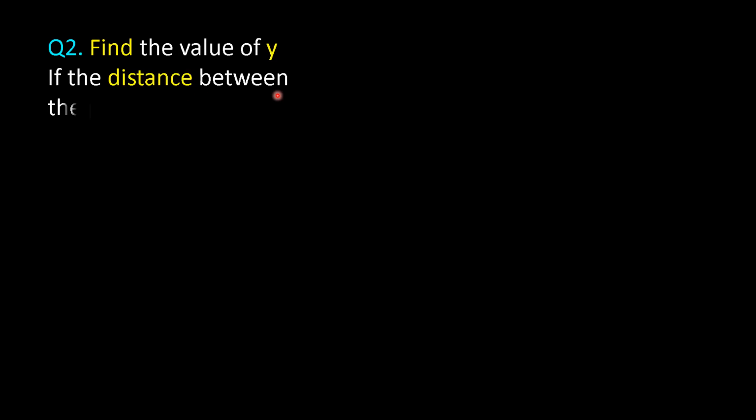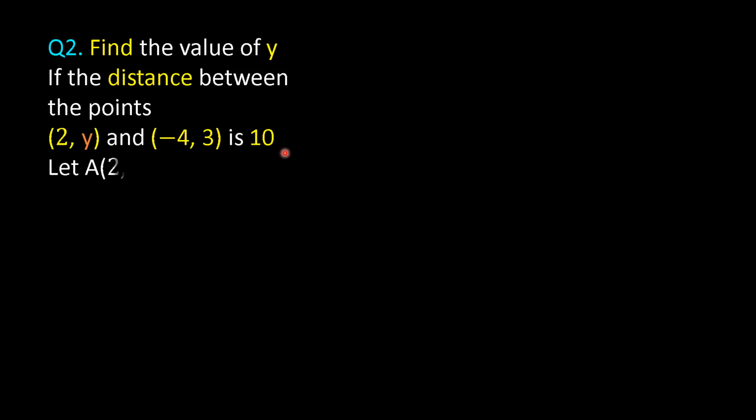In the second question, we have to find the value of y when the distance between the points (2, y) and (minus 4, 3) is 10. Let us name the points. A is (2, y) and B is (minus 4, 3).